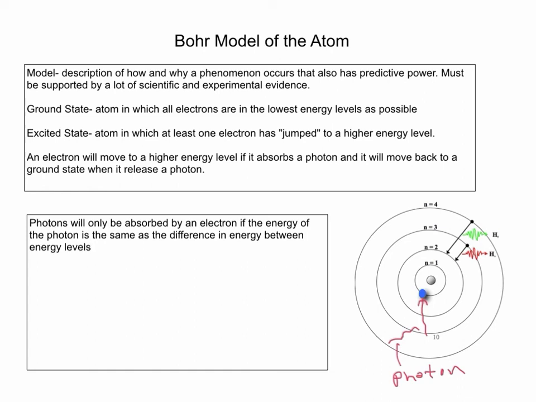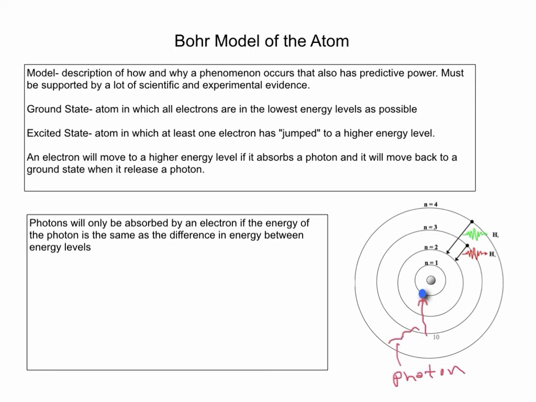So if I want to raise an electron between energy level 1 and energy level 2, the energy of the photon that has to be absorbed in this process has to be equal to the energy difference between energy level 1 and energy level 2. What exactly these energy levels are depends on the type of atom.